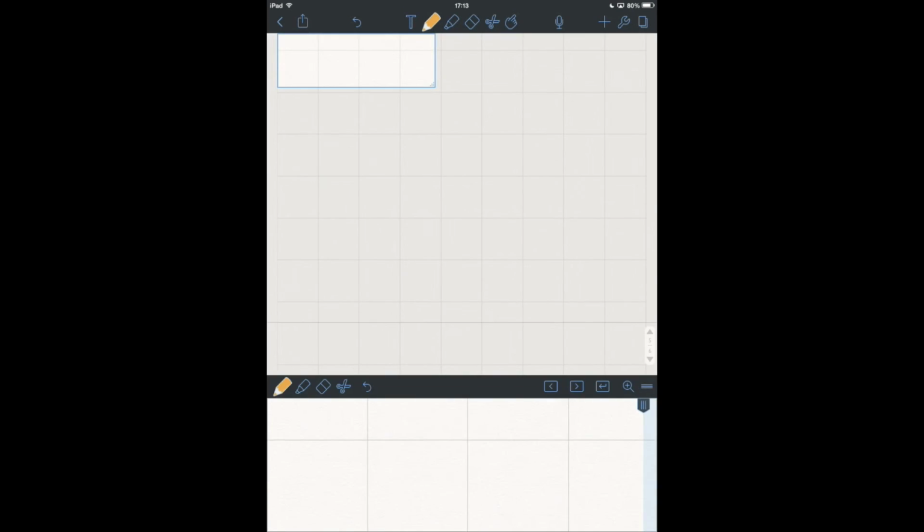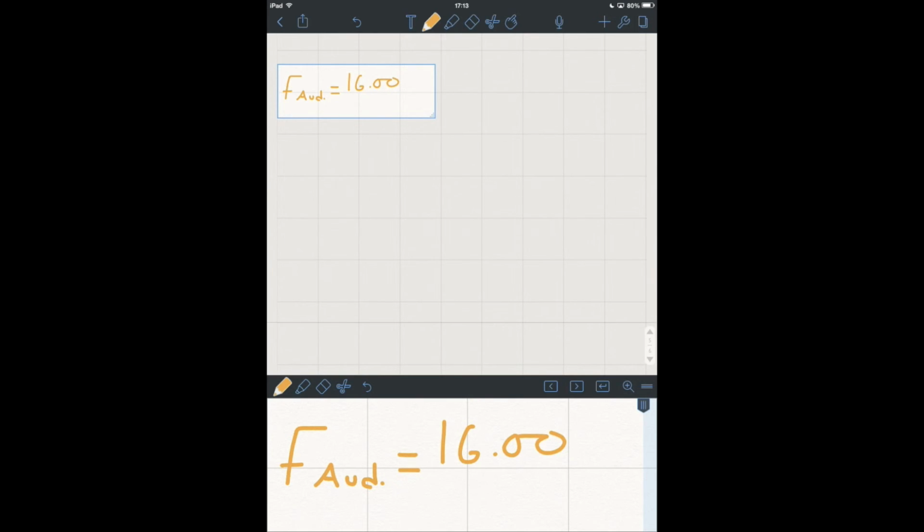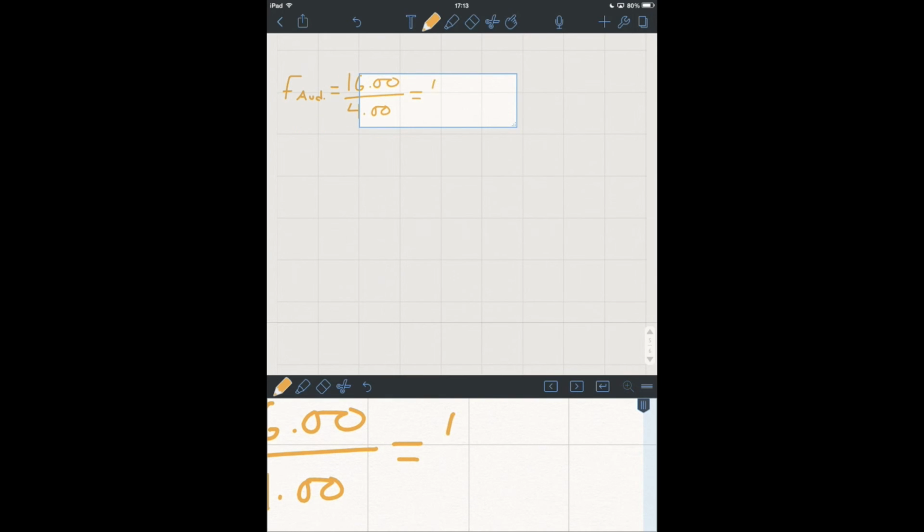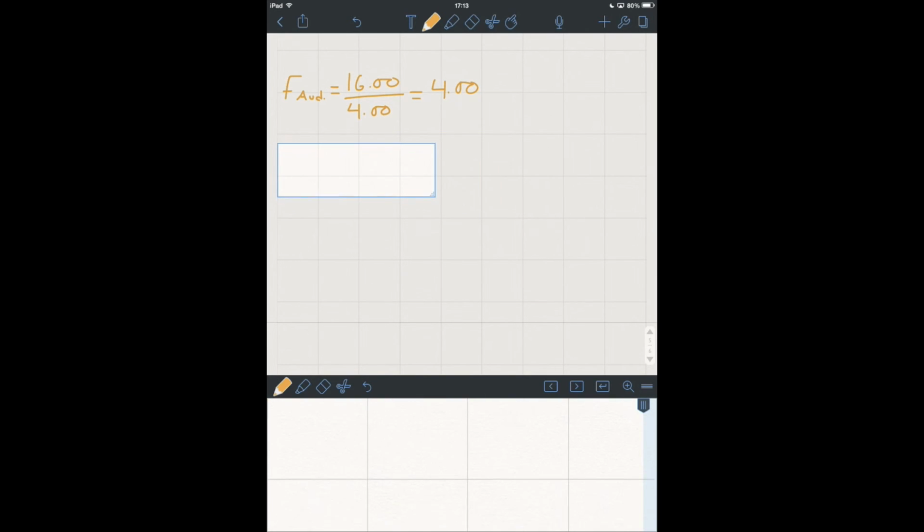And we have F audience equals MS audience, which is 16.00, divided by the error term, which is MS within, and that's 4.00, equals 4.00.